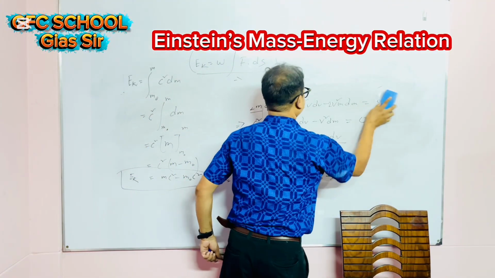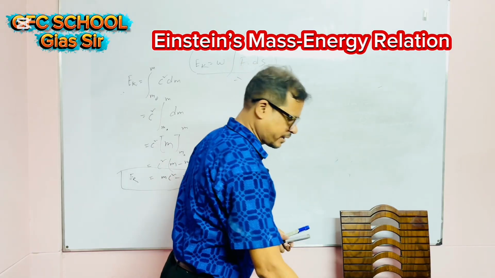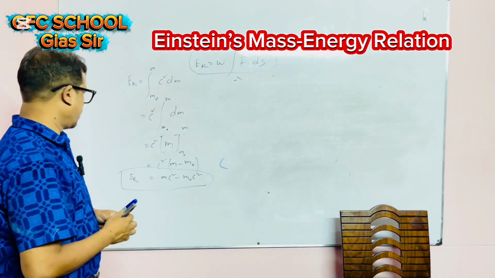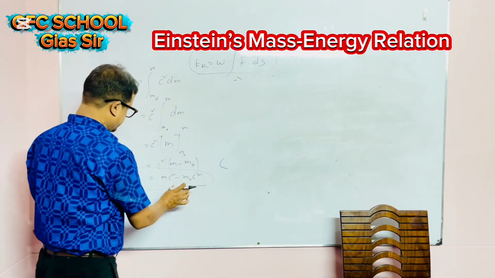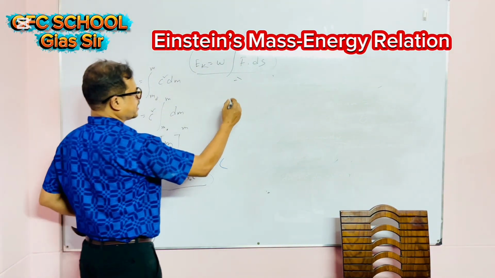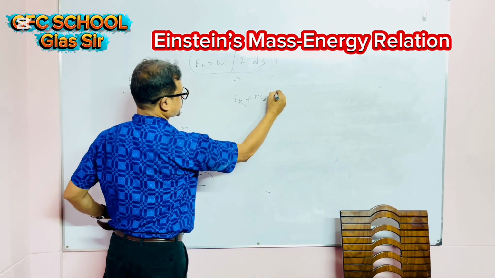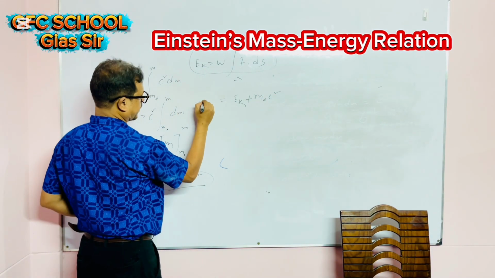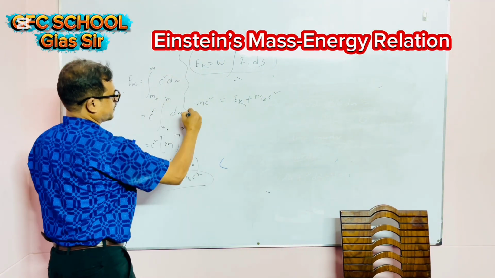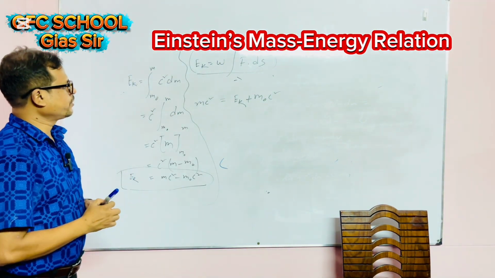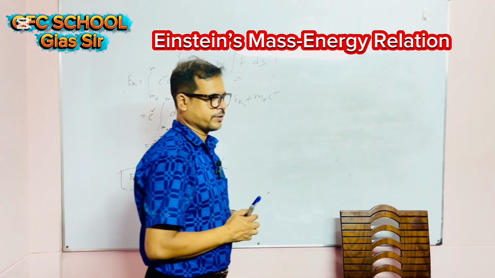The derivation is very long. That's why for understanding we have to think more. Anyway, try to look at this line and understand. Here, Ek plus m naught c squared, we can write this way: m c squared equals Ek plus m naught c squared.